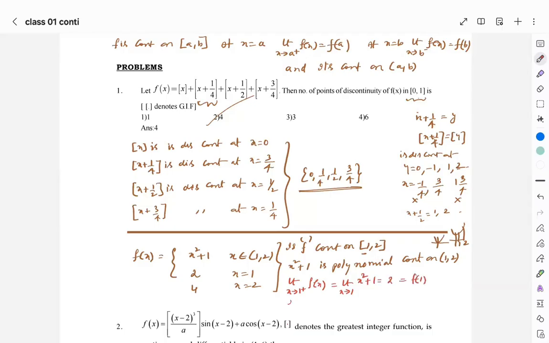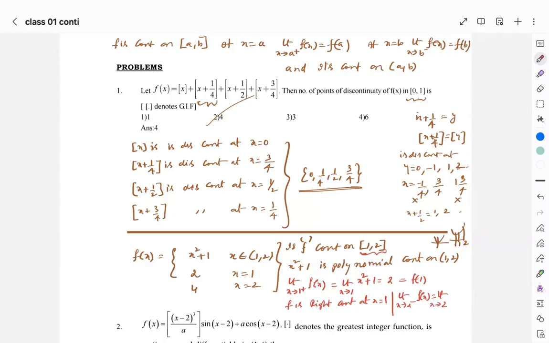So we say f is right continuous at x equal to 1. Still, I cannot say it is continuous on the closed interval. I have to check continuity at x equal to 2 also. At 2, I cannot check right continuity; I check the limit as x goes to 2 minus, meaning less than 2.